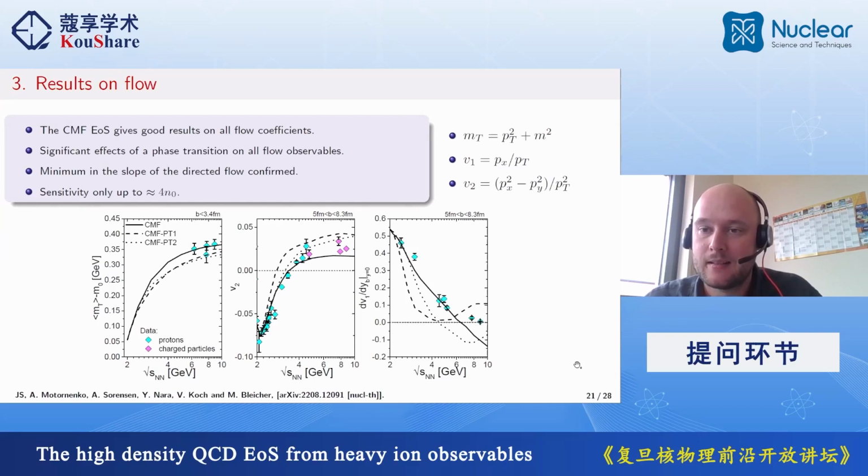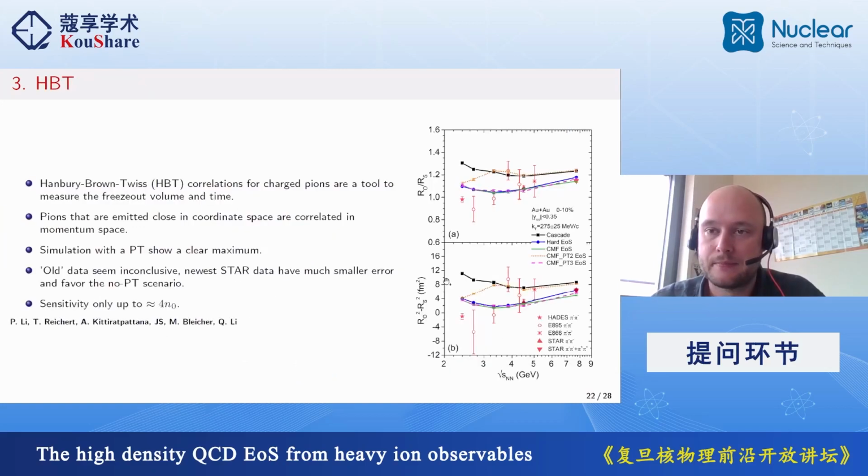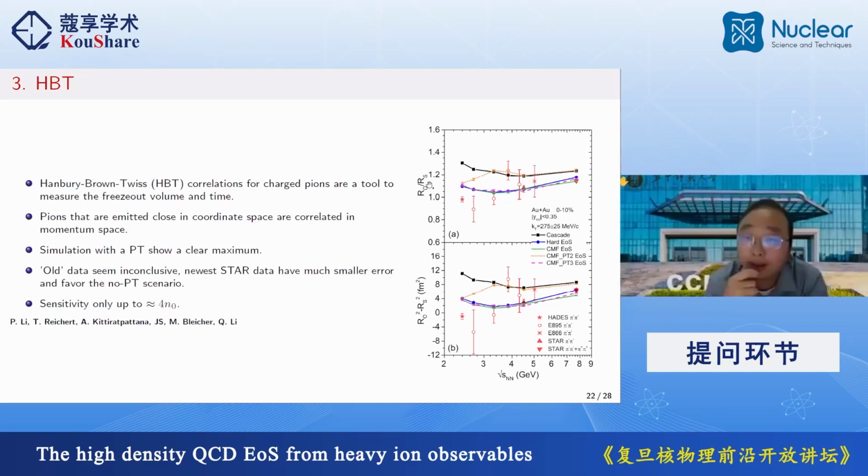Yeah, hi. So very nice talk. Could you go to the HBT slide, next slide, I think so. Yeah, actually I have two questions. One is that you know the R out squared minus R side squared denotes the emission duration of the particle, right?